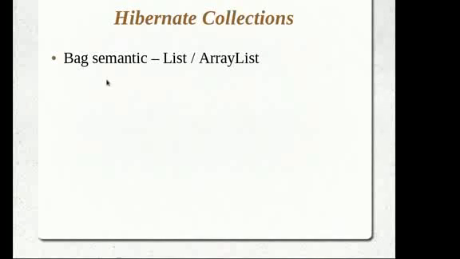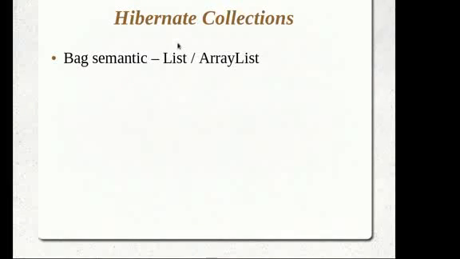Okay, the next thing that we're going to talk about are the collection objects that Hibernate supports. Hibernate has its own internal data types that it maps to for the collection objects that you're creating, and there are a few semantics for collections that are available in Hibernate. The first semantic is the bag semantic.